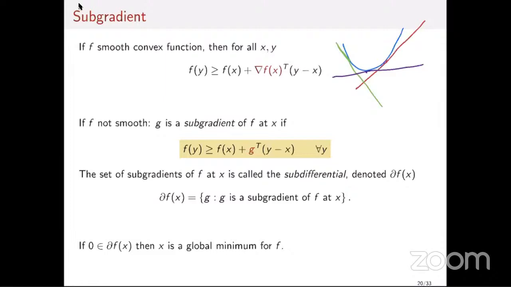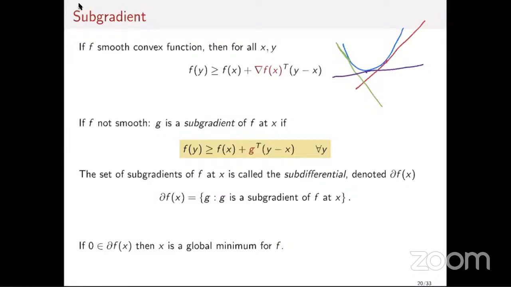So we say that if you take a certain point x in the domain of your function, then g is a subgradient of f at x if the following inequality is true for all y: f(y) ≥ f(x) + g^T (y - x).